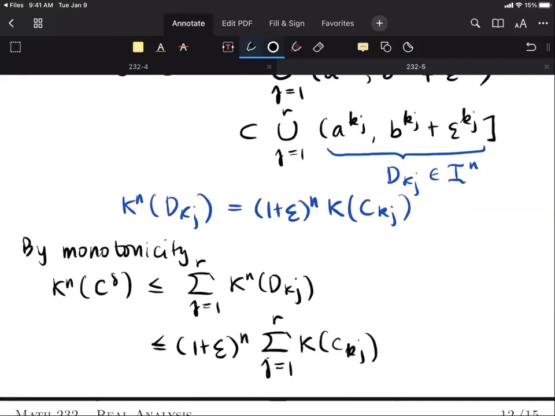Okay, so this is just a partial sum. What if we take the whole sum? Then we still have the same estimate. So we can replace this by 1 to infinity.